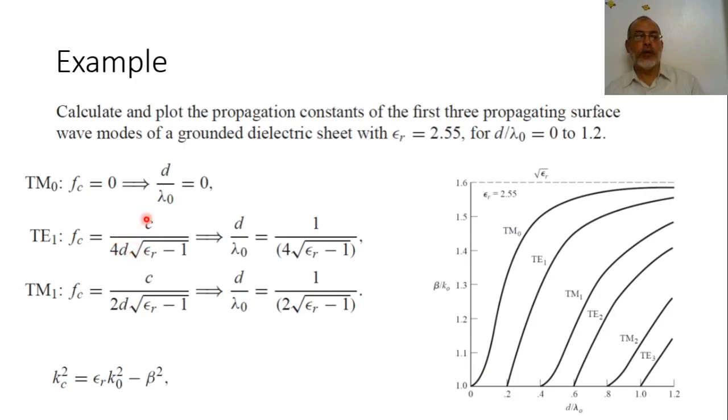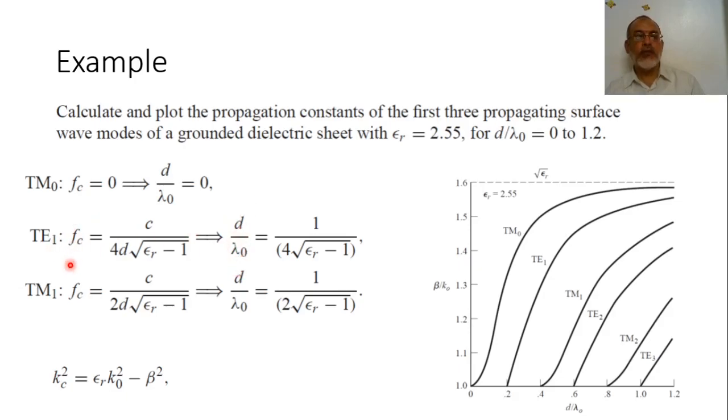By getting d here and c here, d multiplied by fc over c, so this is d over lambda naught.